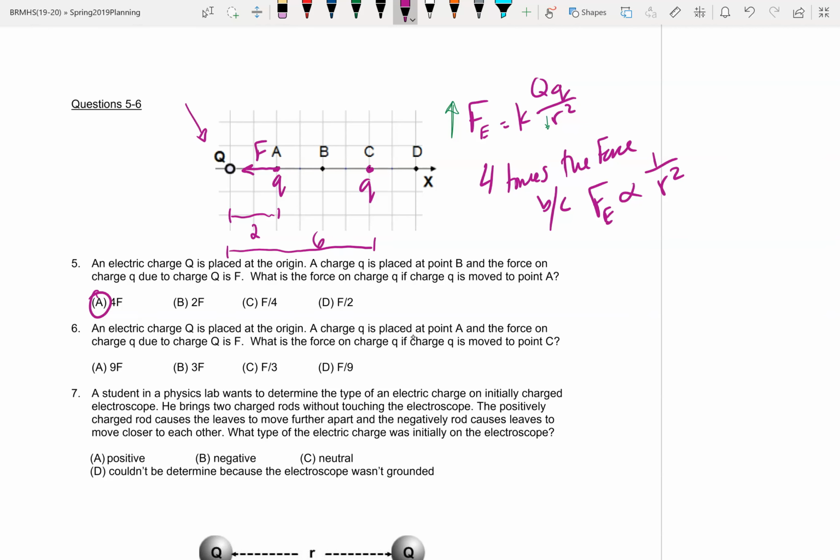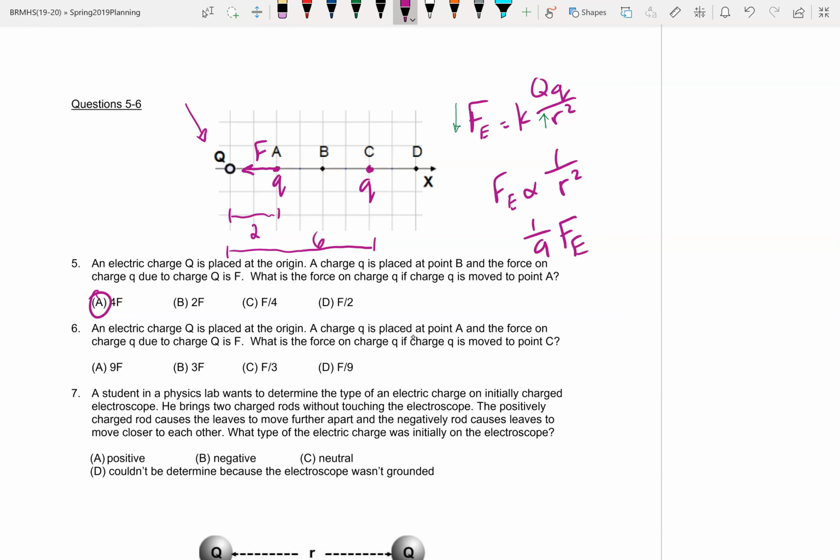So what happened to our r? R became 3 times larger. We tripled the distance away. So we're making r a larger value, 3 times as far away. Our force is going to decrease, and it's not going to be 1/3, but because it varies inversely with the square of that distance, we get 3 times as far away, then we're going to have 1/9 the force that we had initially. So it's going to be D, force F divided by 9.